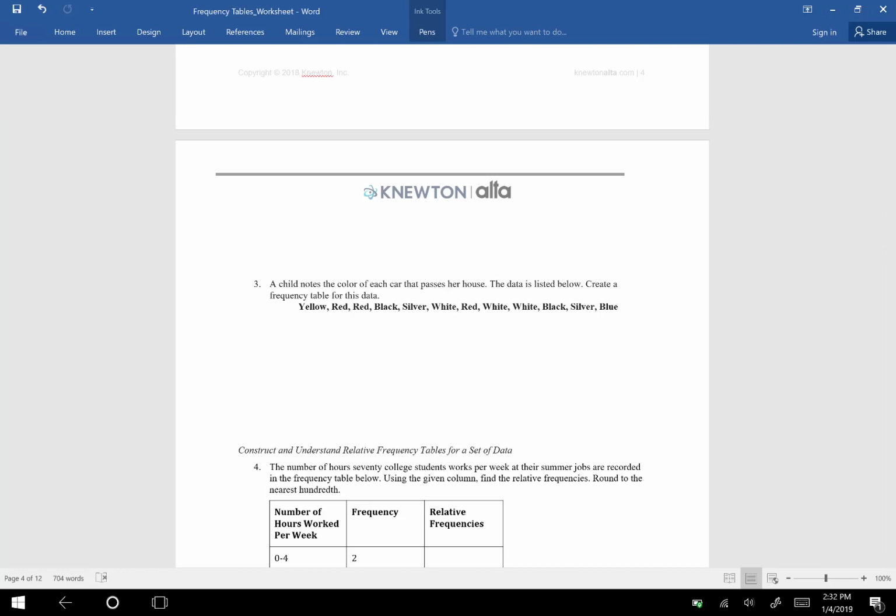For example, a child notes the color of each car that passes her house. The data is listed below. Create a frequency table. We're going to list the possible colors she sees. There's black, blue, red, silver, white, and yellow, it looks like.